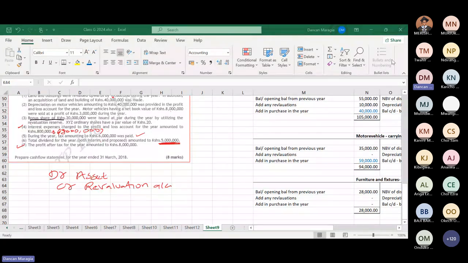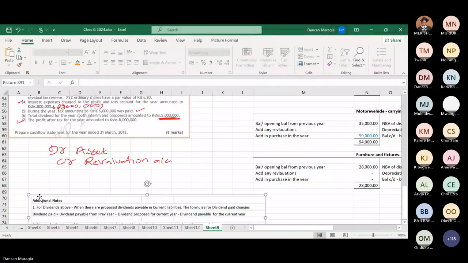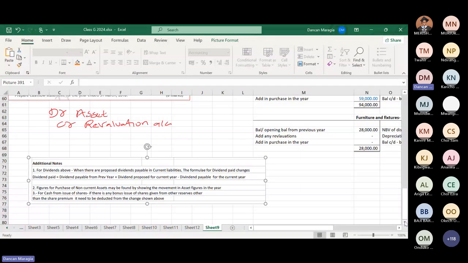I'd given the statement of cash flow, the ones I'd given at the bottom of the indirect method here. That is where I've given additional notes. If you remember, I'd said: additional notes for dividends above, when they are proposed dividends payable in current liabilities, the formula for dividend paid changes. You've seen that?